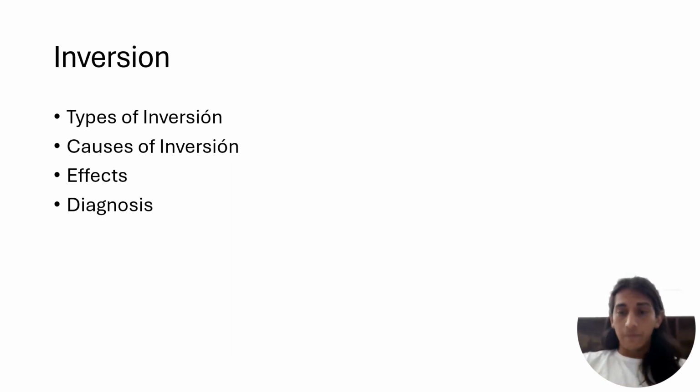So I just want to touch a little bit on inversion, and then I'll pass the torch on to Elizabeth. It's a type of chromosomal rearrangement that involves the reversal of a segment of DNA within a chromosome. There are several types of inversions. It seems that most of these types of chromosomal changes or variances all tend to derive from the same mechanisms.